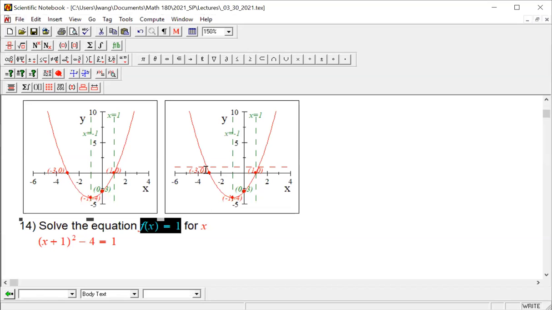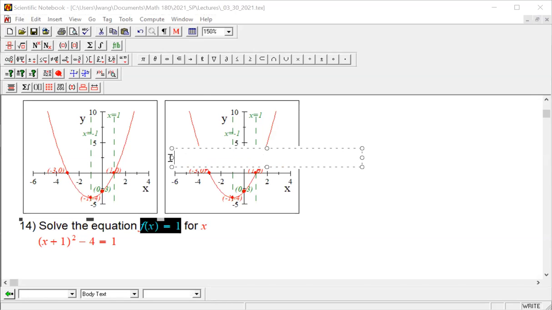We were looking for the intersections. How many intersections do we have here? 2. One is here, and one is here. By solving this equation, we will be able to identify the x coordinates of these 2 points. The y coordinates of these 2 points are already known.